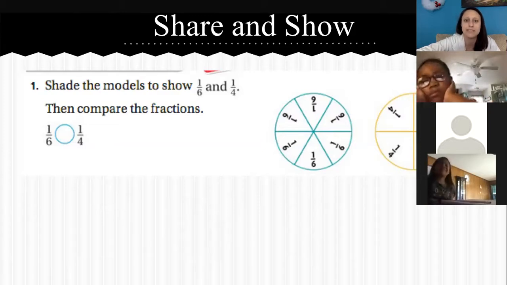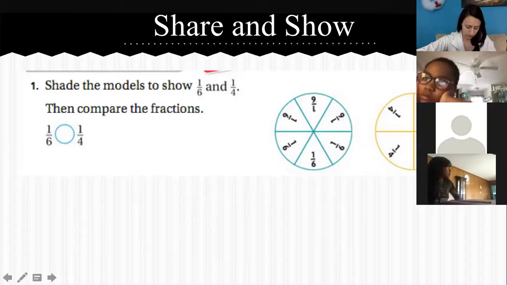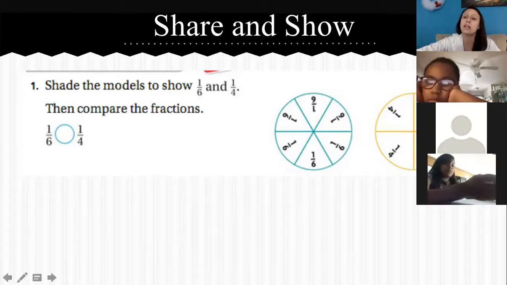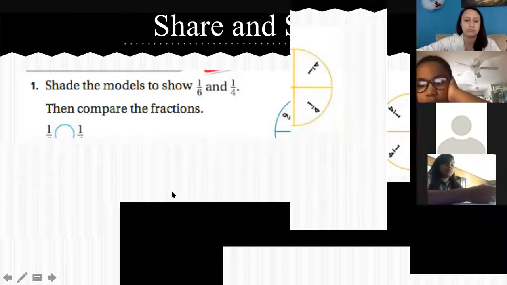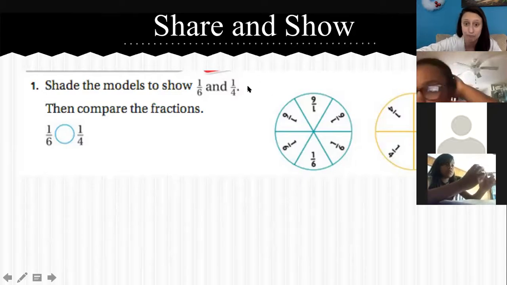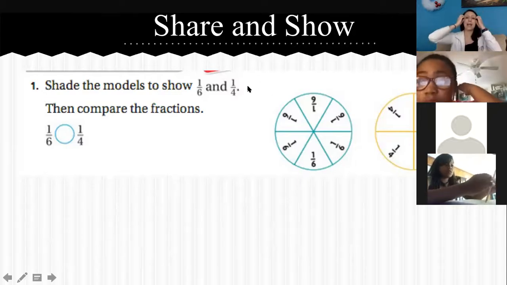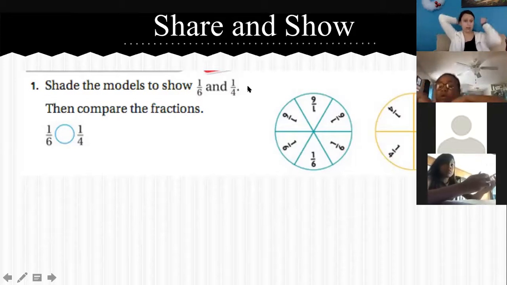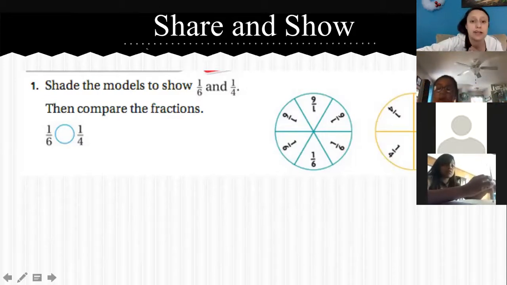Well, that's good. This is a little bit trickier. When our denominators are not the same, it's harder to find which one's larger because we cannot look at the denominator or the numerator here. That's going to get tricky. Our numerators are the same. So you cannot base it off of the numerator this time.